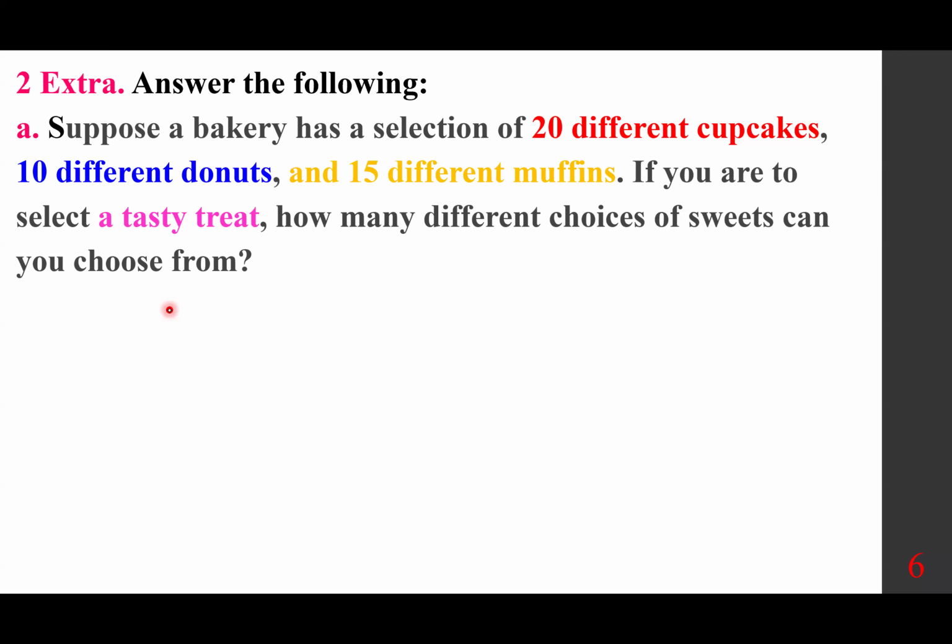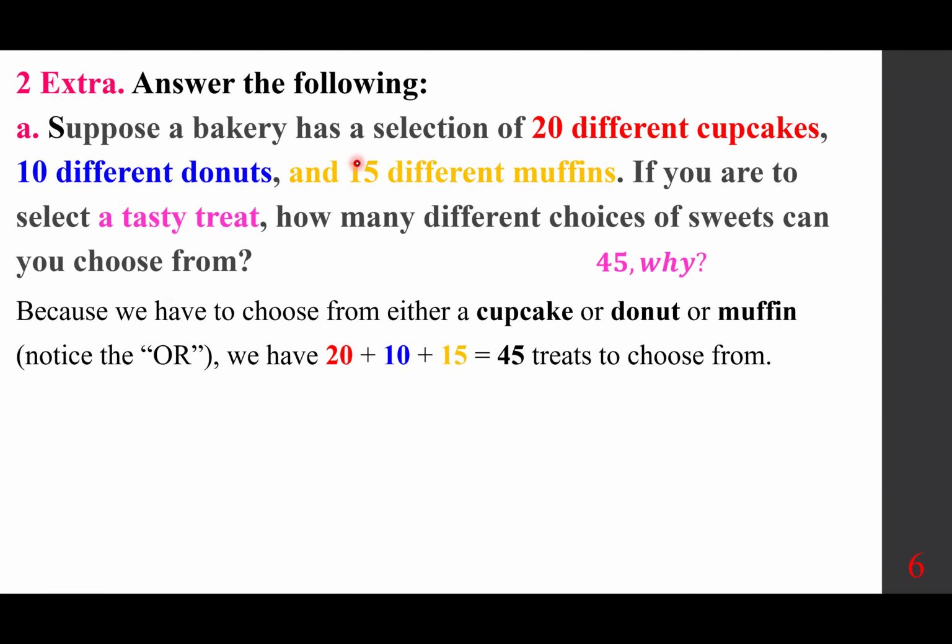Remember, you are going to choose one, so just add them up. 45, because we just add 20 and 10 and 15. Because we have to choose either a cupcake or donut or muffin, notice the or statement, we have 20 plus 10 plus 15, 45. We have one choice, from either/or. One choice.